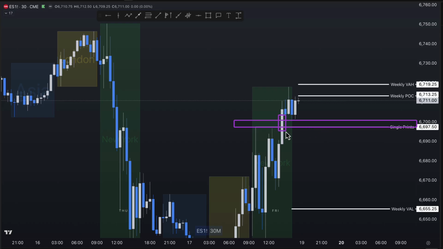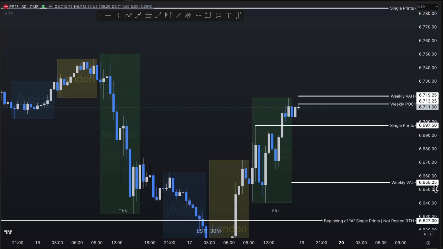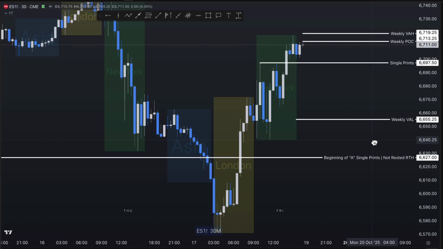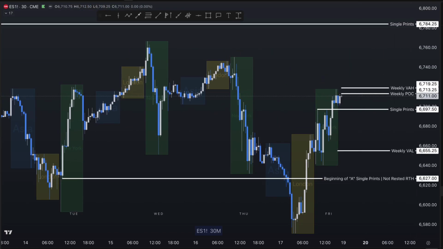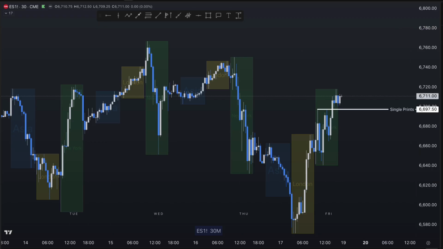Only one candle goes through it. That's the set of single prints. If you need more training on that, there's several videos here on my YouTube channel about identifying single prints. So we're not going to do a deep dive on that here. All right. So that's the single prints and all of that. I need to put this in my single prints folder.